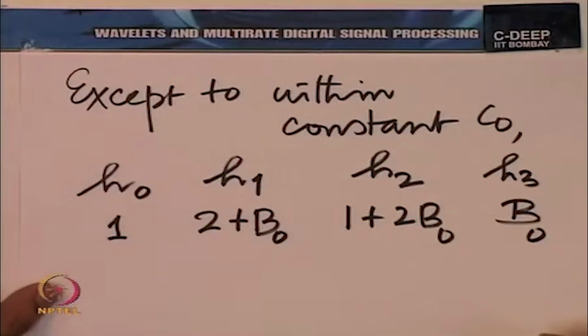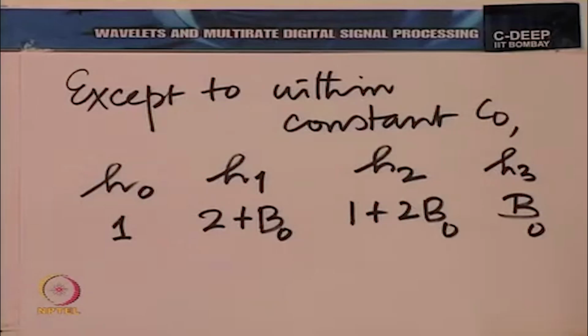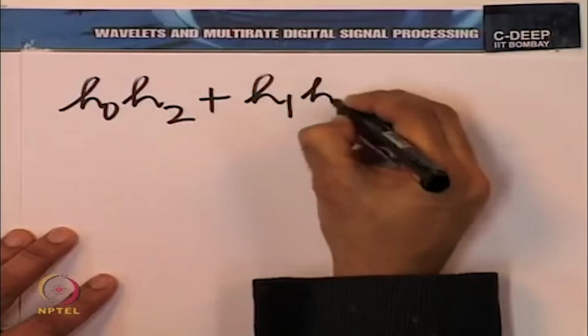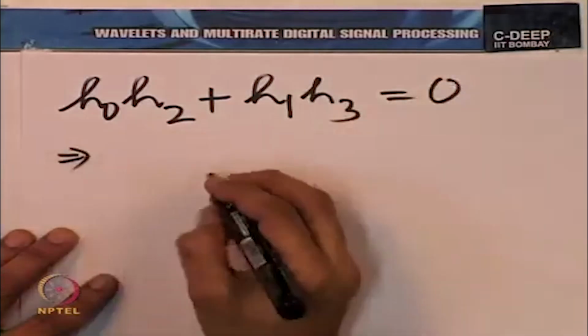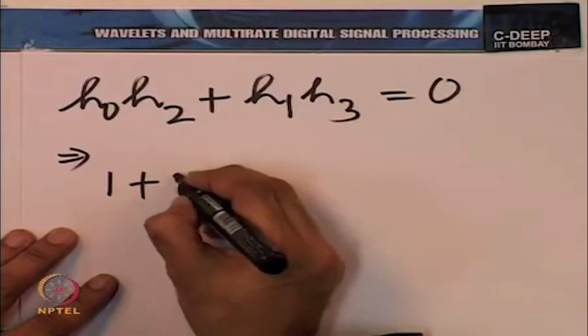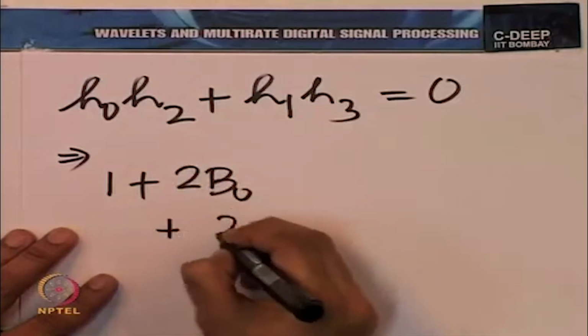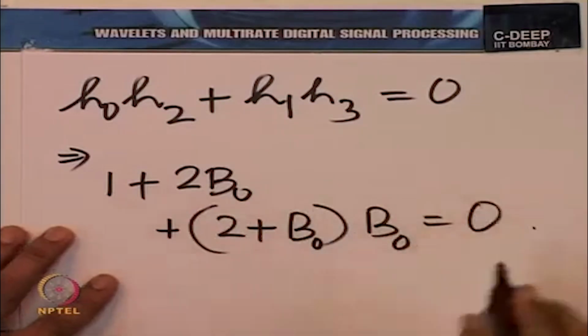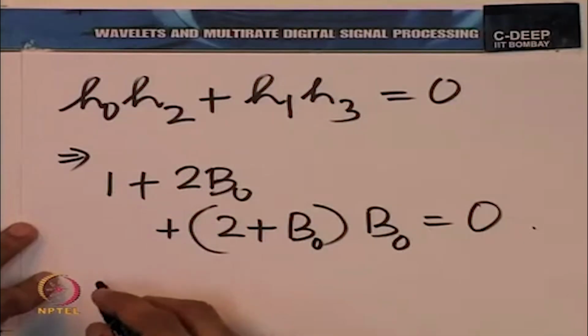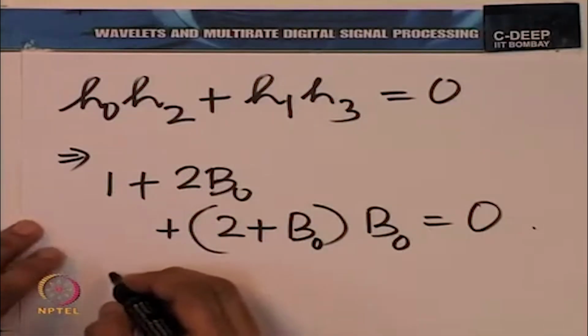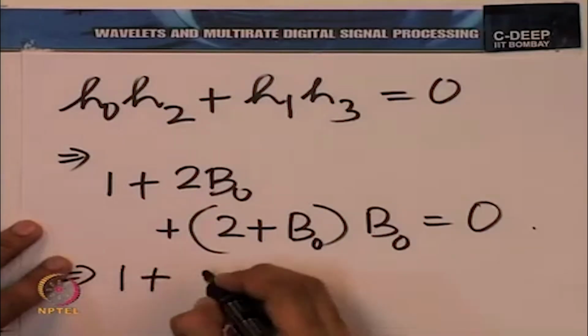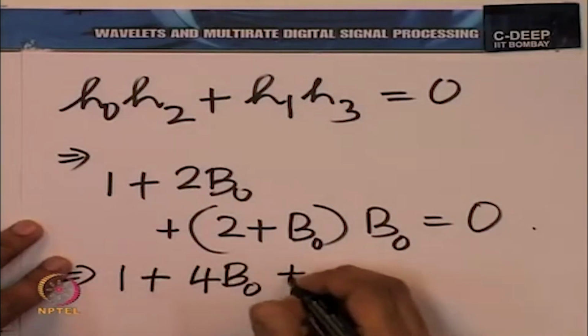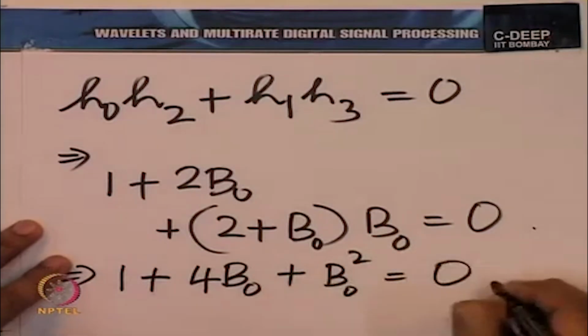And now, we can write down the orthogonality equation that we seek. It says H 0 H 2 plus H 1 H 3 must be 0, implying that 1 plus 2 B 0 plus 2 plus B 0 into B 0 is 0, where we are effectively saying 1 plus 4 B 0 plus B 0 squared is 0.